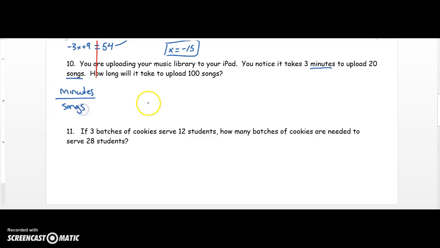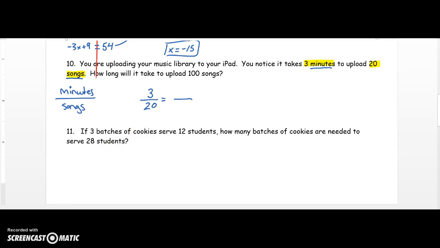So minutes and songs. We have to go ahead and set up a proportion here. Since we already wrote our fraction in words, let's take a look at our first one. You notice it takes 3 minutes to upload 20 songs. So minutes is on top, so we're going to write 3 on top. The songs is on the bottom, so we're going to put 20 on the bottom.